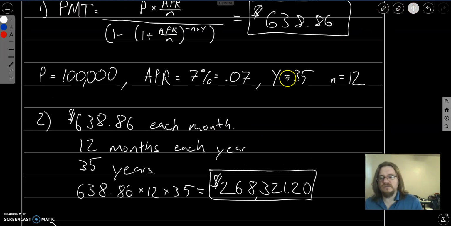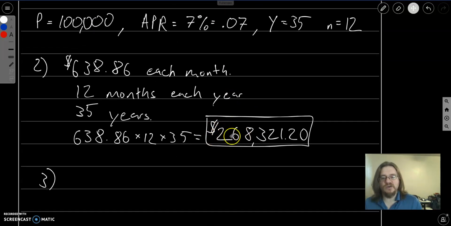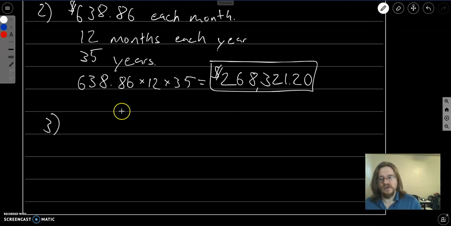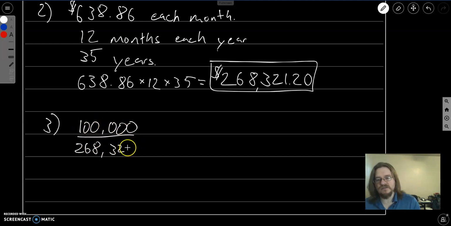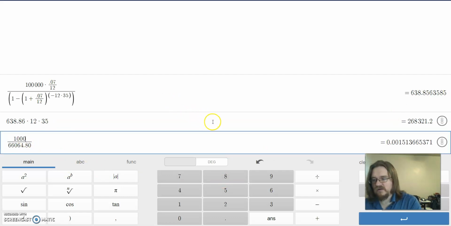So the final question, what percent of what we pay is actually for the principal, and what percent is actually for the interest? Well, out of the $268,000 that we paid back, only $100,000 was for the initial loan. So to write that as a percent, we take $100,000 for our initial loan, and we look to see what percent of 268,000 that is.